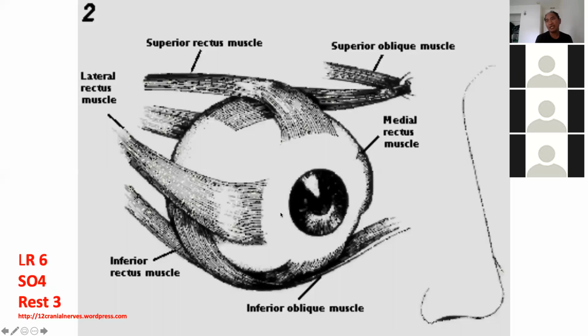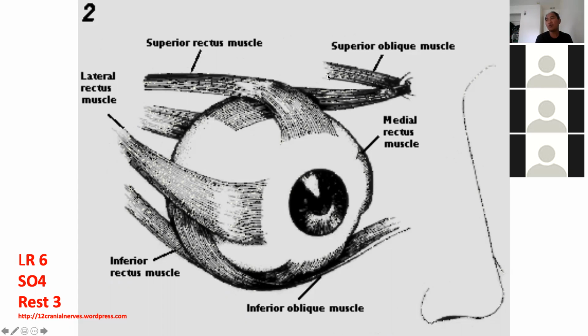So let's say if our superior rectus muscle contracts, we will be looking upwards. If our inferior rectus muscle contracts, we will be looking downwards. If the lateral rectus muscle is contracting, we will be looking to the lateral side. If the medial rectus muscle is contracting, we will be looking to the medial side.